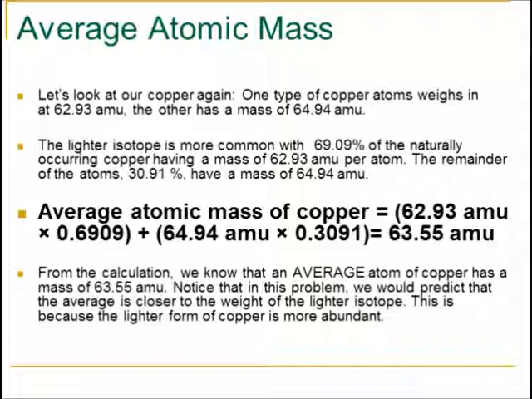So our average atomic mass of copper equals 62.93 AMU times the relative abundance, which we said was 0.6909, and then we're adding that to the multiplication of 64.94 AMU per atom of the copper 65 times its relative abundance of 0.3091, which equals an atomic mass unit per atom average of 63.55.